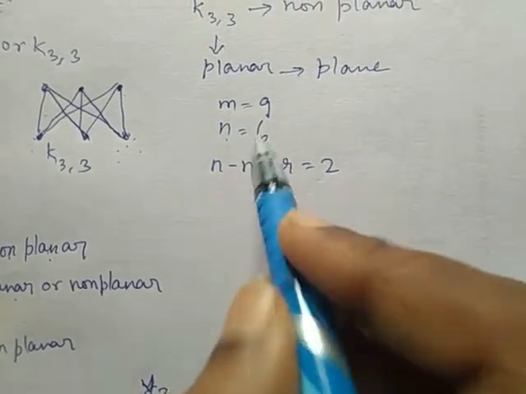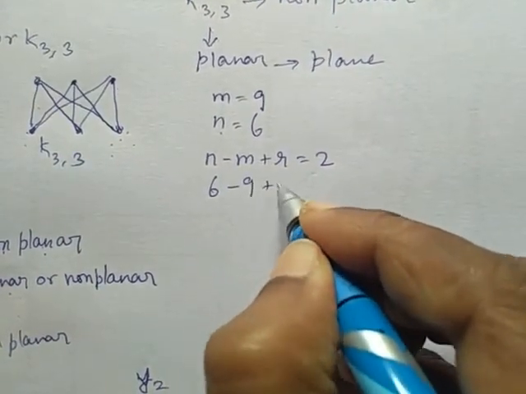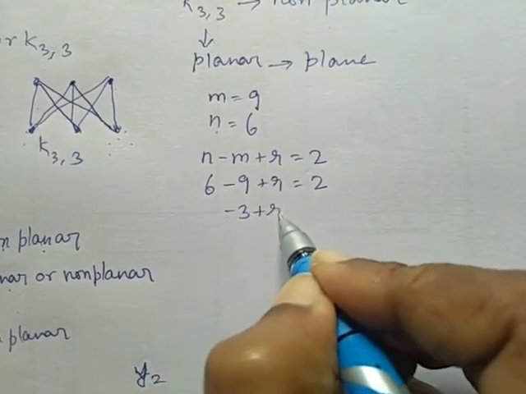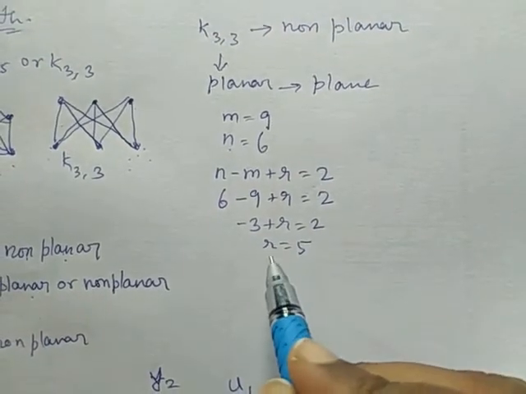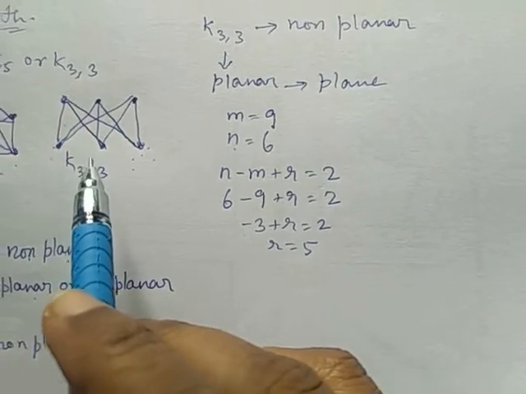Therefore, n minus m plus r equals 2. So, what is n? 6. m is 9. So, 6 minus 9, that is minus 3, plus r equals 2. r is equal to 5. So, the number of regions in K3,3 should be 5.